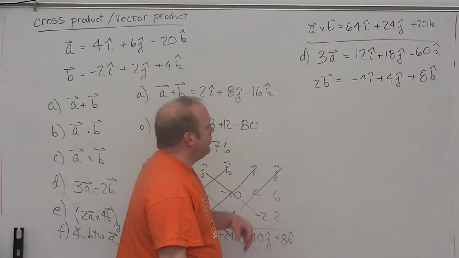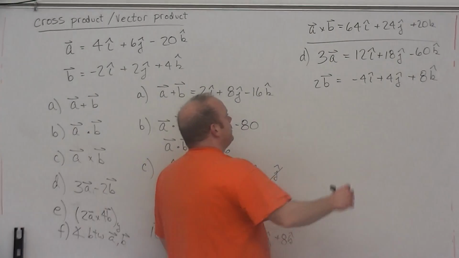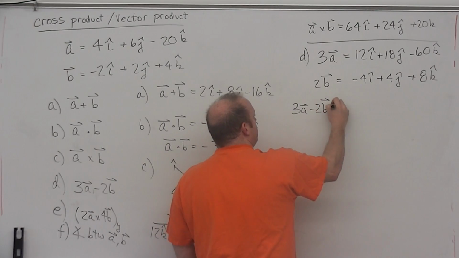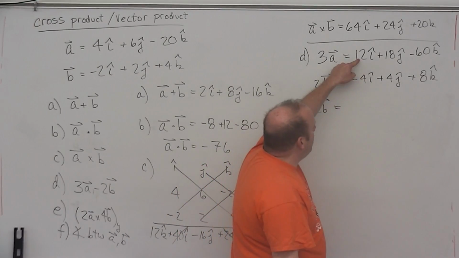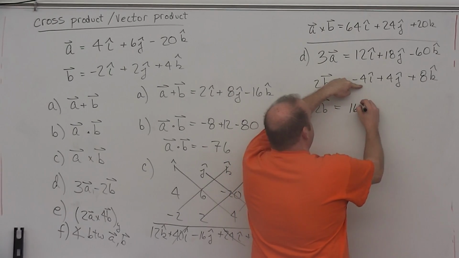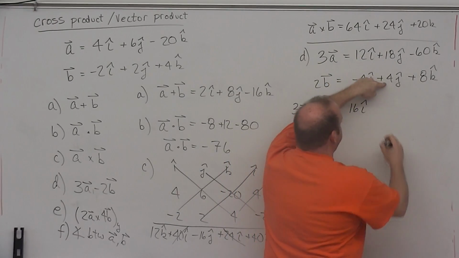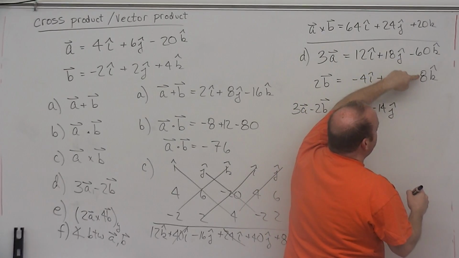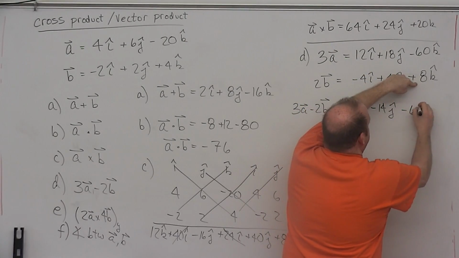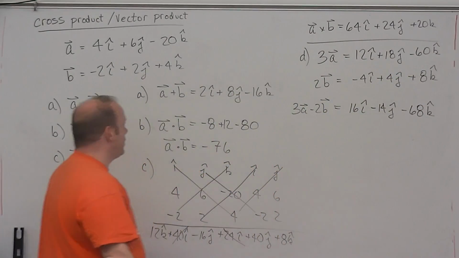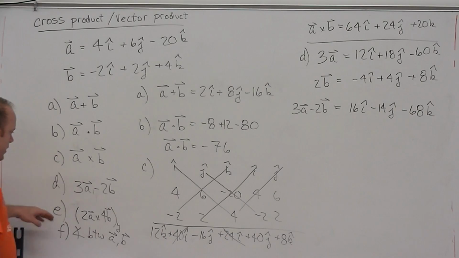So 3A minus 2B is equal to 12 minus a negative 4, so that's going to be 16i hat. 18 minus 4, 14j hat. Negative 60 minus 8, minus 68k hat. Okay, so that's part D done.